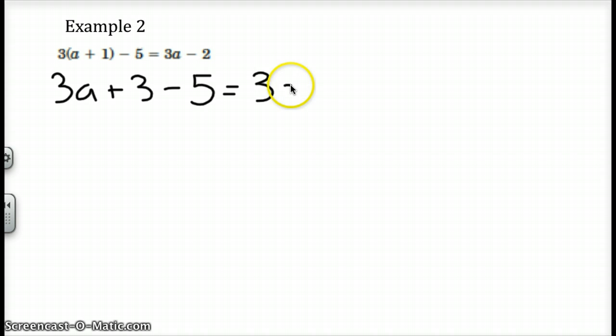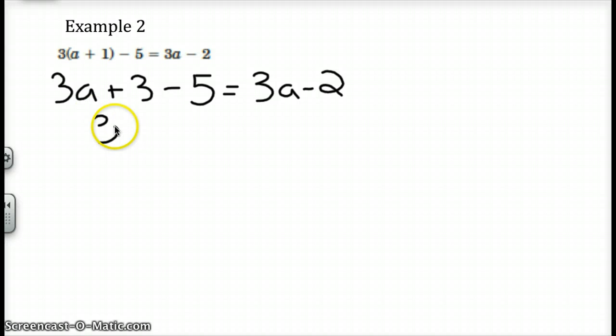Next example. For this one, we're going to do the same thing. We want to get rid of the parentheses first. So we will have 3a plus 3 by distributing again, minus 5 is equal to 3a minus 2. Now again here, we want to combine like terms on each side of the equation.